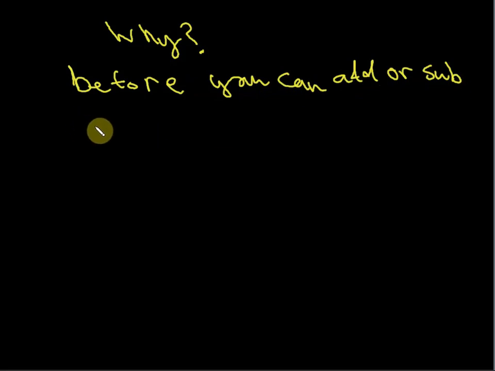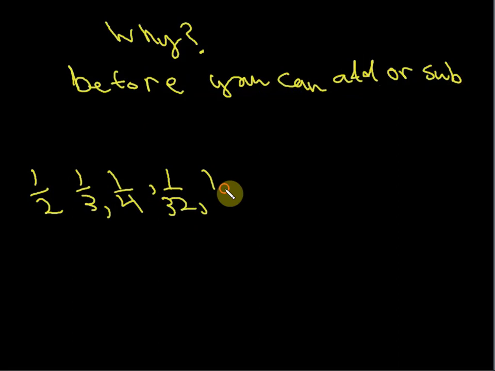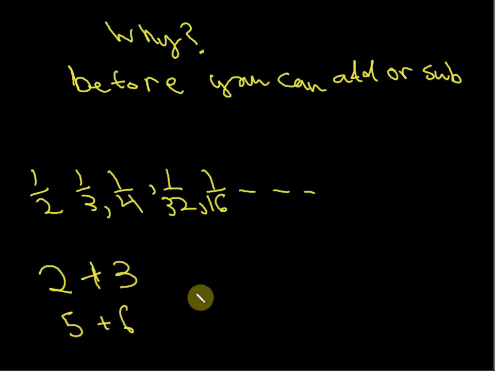So think of it this way. We look at fractions like 1/2, 1/3, 1/4, 1/32, 1/16. But now let's flip this. Why can we add numbers like 2 plus 3, 5 plus 6, 7 plus 1, and 8 plus 2?